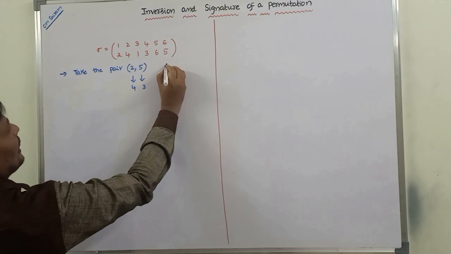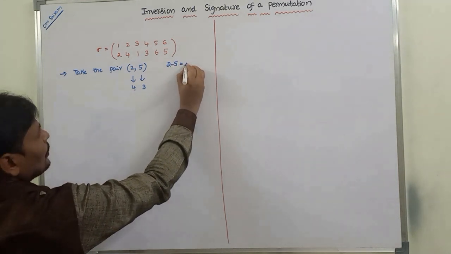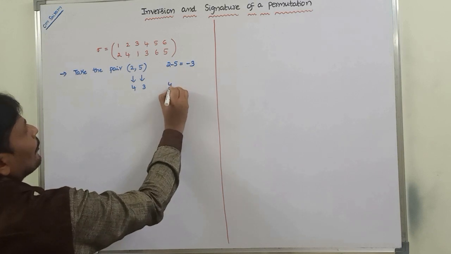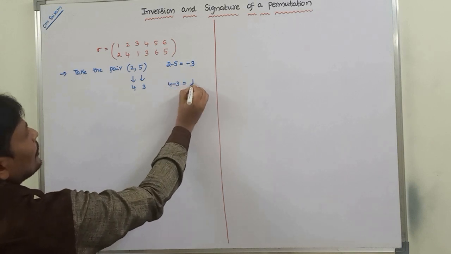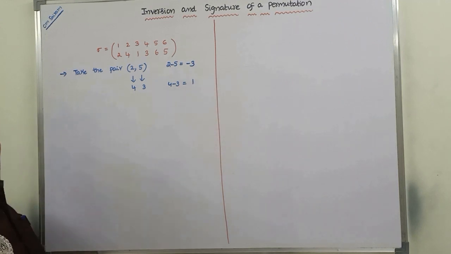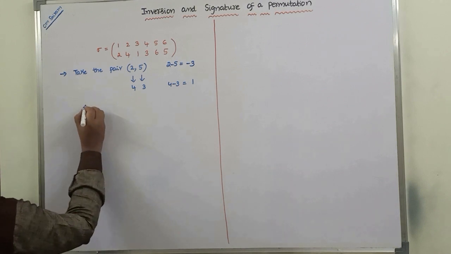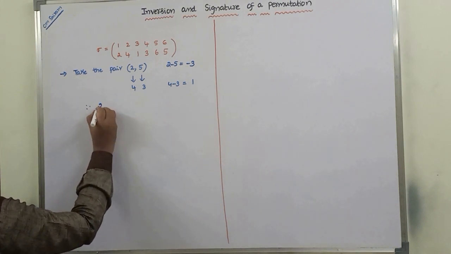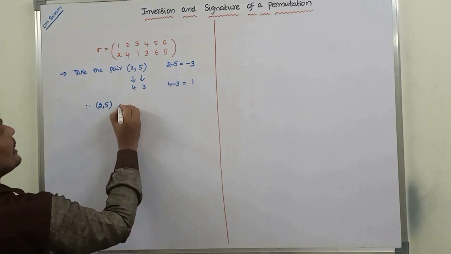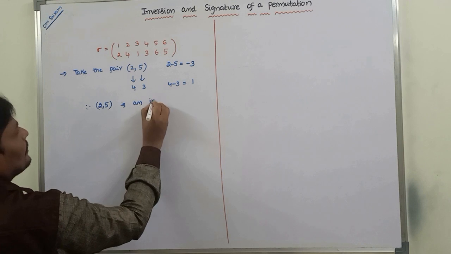So the difference between 2 and 5 is 2 minus 5 is equal to minus 3. 4 minus 3 is equal to 1. Both are containing the different sign result. So therefore 2 comma 5 is called an irregular pair. Hence we can say that 2 comma 5 is an inversion.